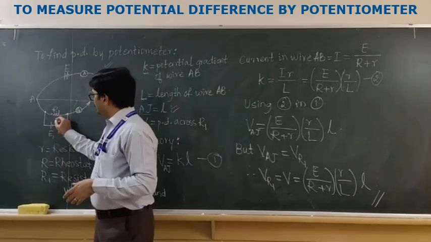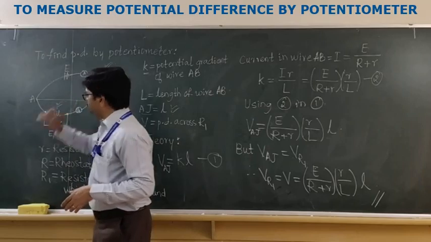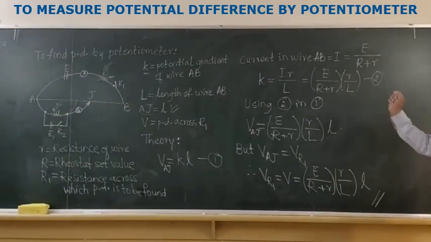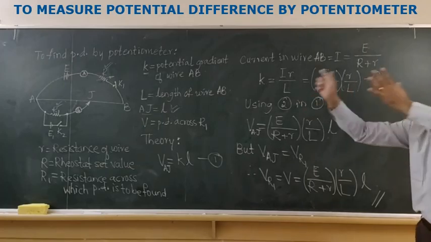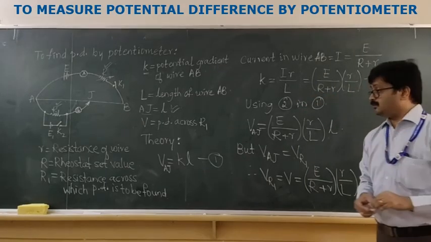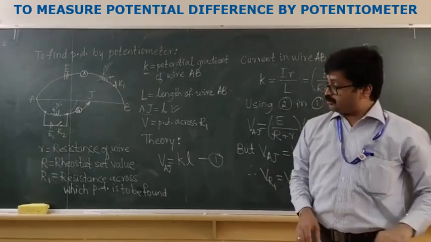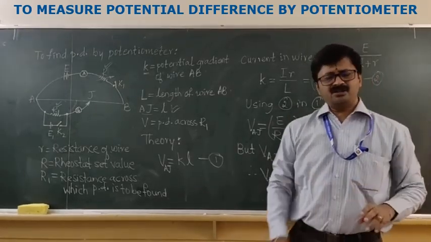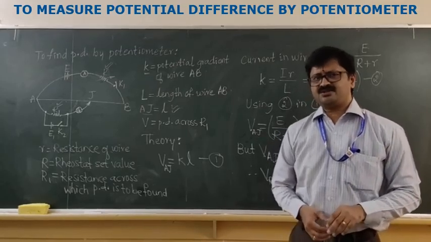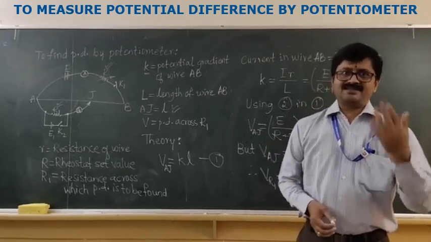Now here we have measured potential difference between any 2 points connected across by the resistance R. I think this particular discussion is clear. So with this particular discussion, I'll wind up my discussion. Now let us move on to the next part.